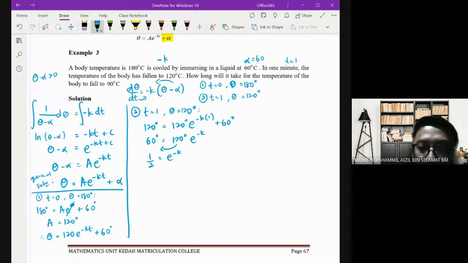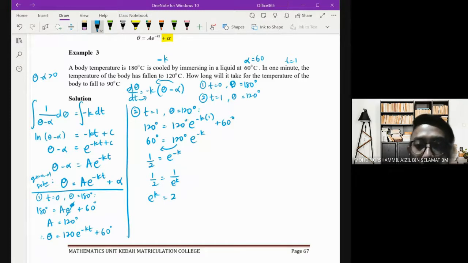Tapi sebelum nak add on ln, dia ada trik sikit. 1 over 2 equals to 1 over exponential k. Exponential power of minus, we can bring downward to make the power becomes positive. So 1 over 2 is equals to 1 over e^k, which means that e^k equals to 2.